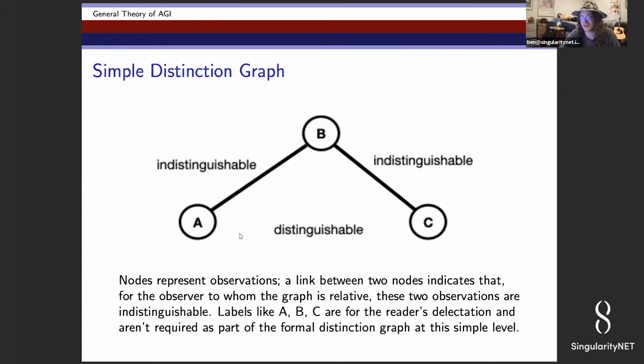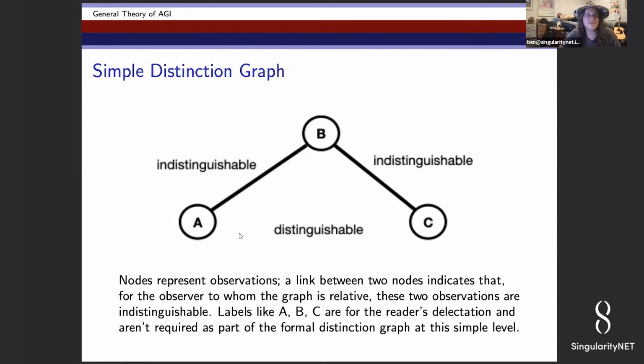So instead you have what I call a distinction graph. Each observation relative to some observer is a node. You can draw a link between two nodes if those observations are not distinguishable from each other by that observer. And so in the case of this picture on this slide, if A was light red, B was middle red, C was dark red, you might have A and C distinguishable, but A and B or B and C are indistinguishable, right?